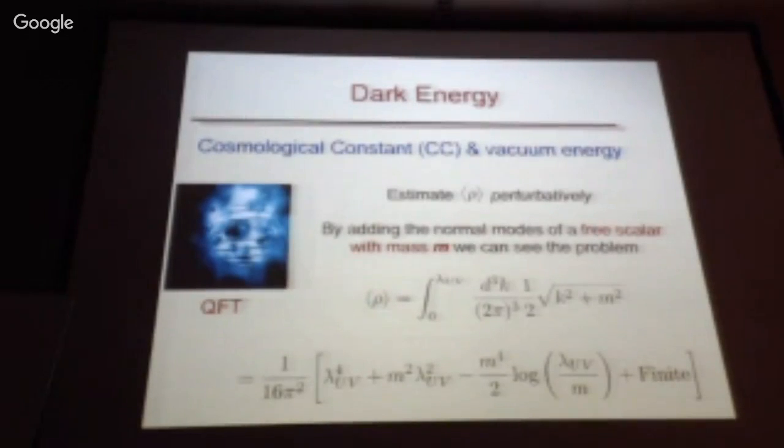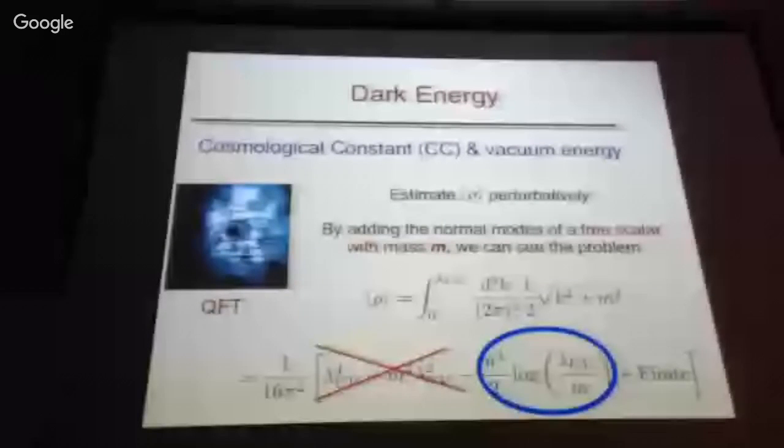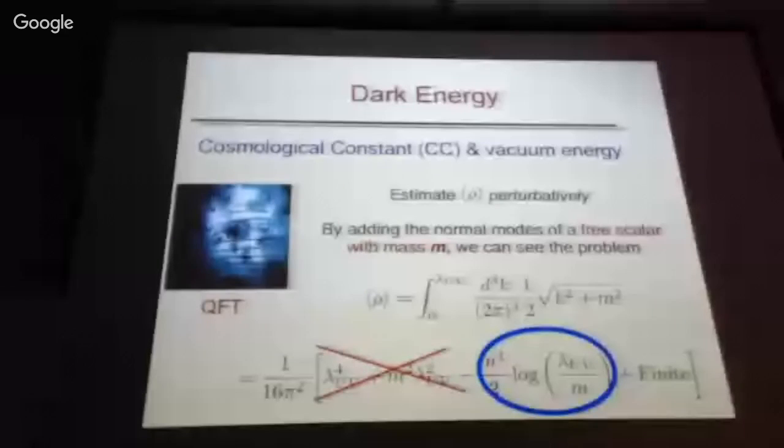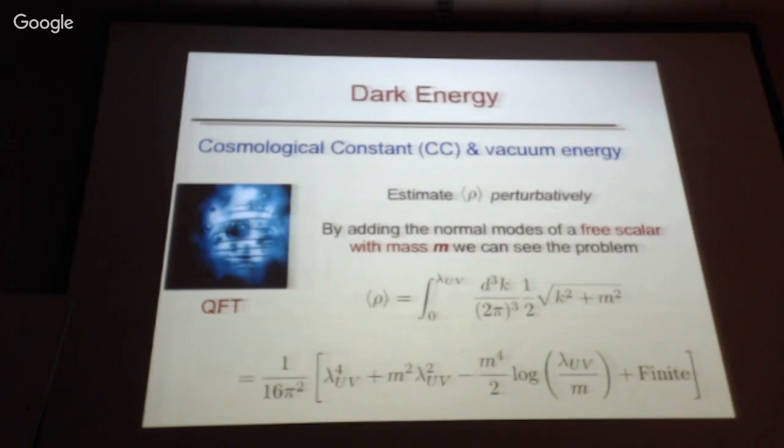I sum them all, and what I get is the following expression when I do the integration. The first few terms you can get rid of with quantum field theory tricks, that means renormalization. But then this third term, which behaves like the logarithm of your cutoff, your highest energy, stays there. And this term actually scales as the mass of the particle that I'm putting in, this harmonic oscillator.